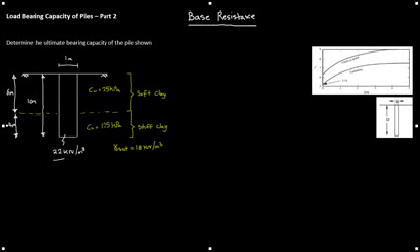Starting with the base resistance, as before, PBU equals AB bracket FB plus P0, FB being the net ultimate resistance, but for clay, FB is equal to NC times CU.